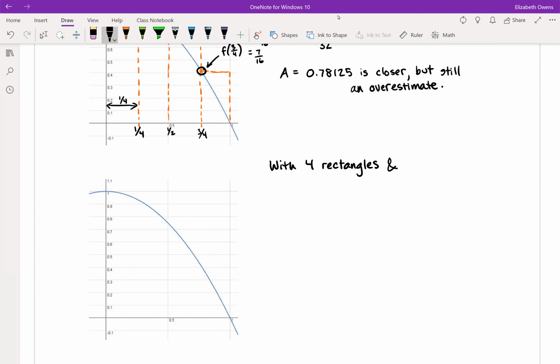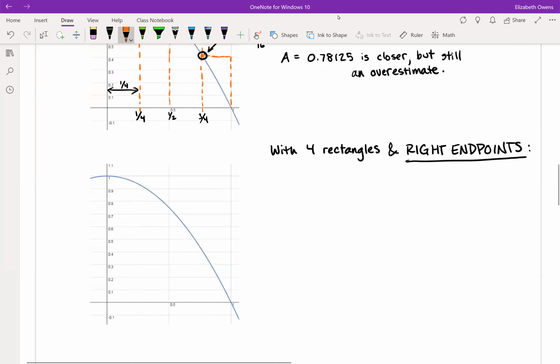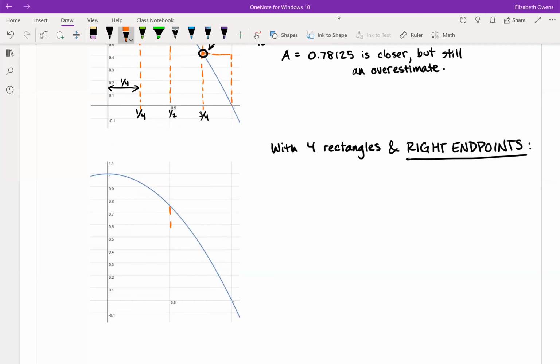So we're going to say 4 rectangles and right endpoints. We're going to use the right endpoint of each rectangle to set the height of the rectangle. So what that's going to look like in the x direction is still the same.